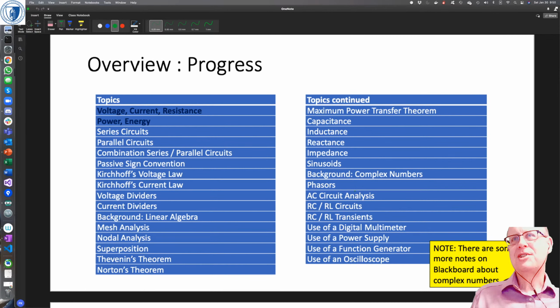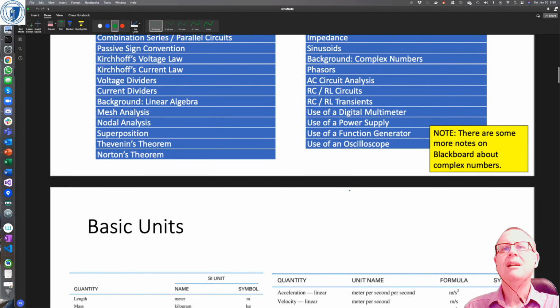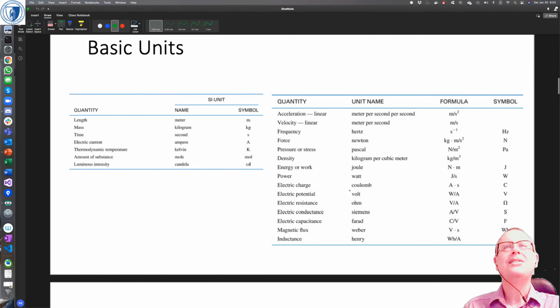Voltage, current, resistance, power, energy. There's a list of units, and dare I say it, I'm going to be using SI units in this course.